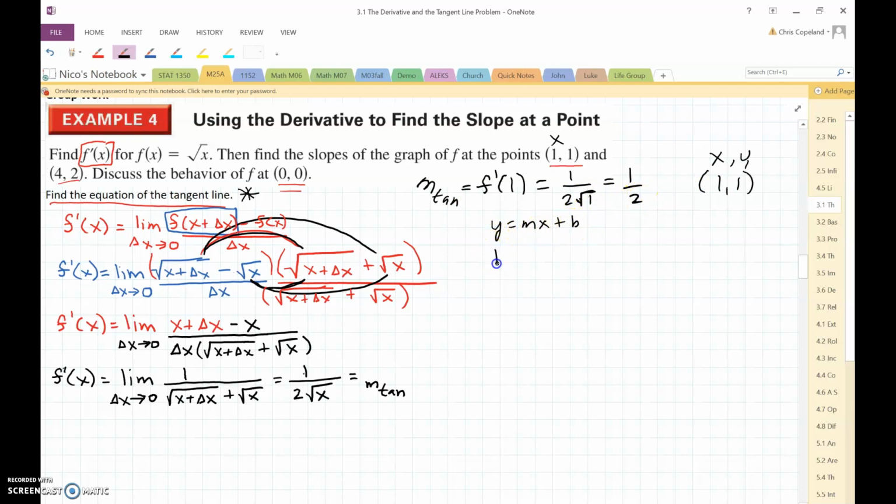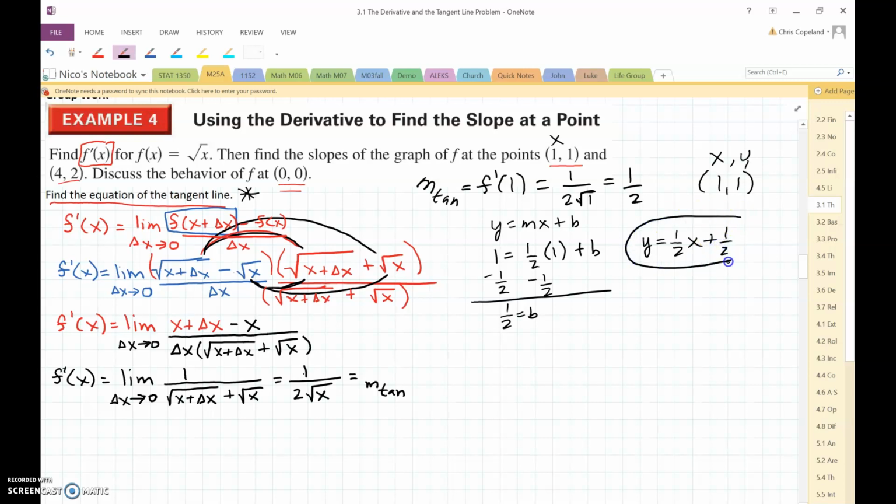So y is 1, m is 1/2, x is 1. We're going to use all that information to find b. If I subtract 1/2 from each side, I'm going to get 1/2 equals b. So the equation of the tangent line would be y equals 1/2 x plus 1/2, which is the y-intercept.